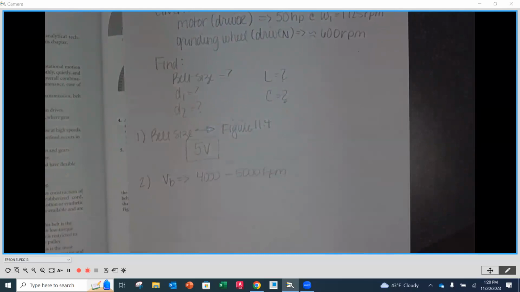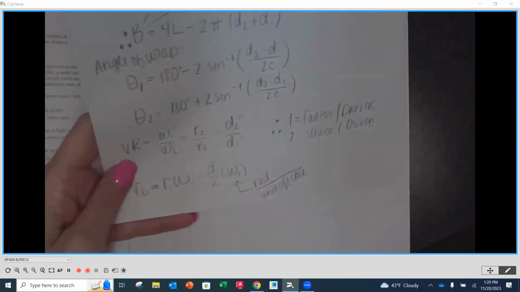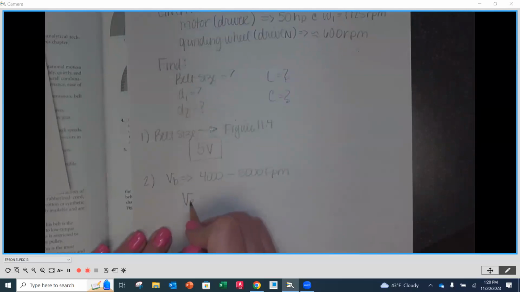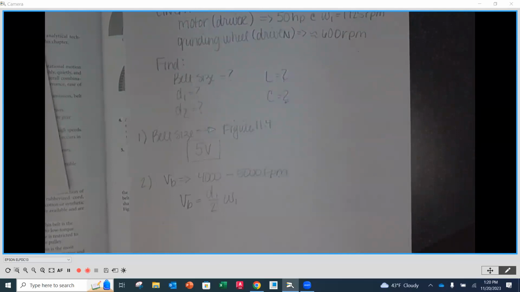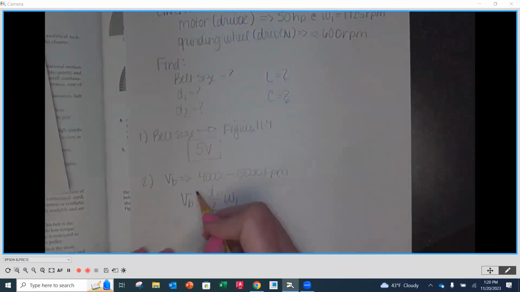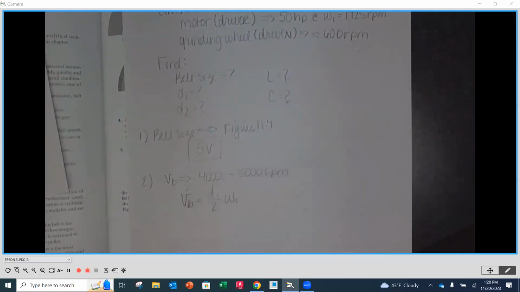And from our equation sheet, we know that pitch line speed, small v, belt speed, is equal to D1 over 2, which is the radius, times omega 1, the angular velocity of that same pulley or sheave. So we can pick a number within this range for our pitch line speed.